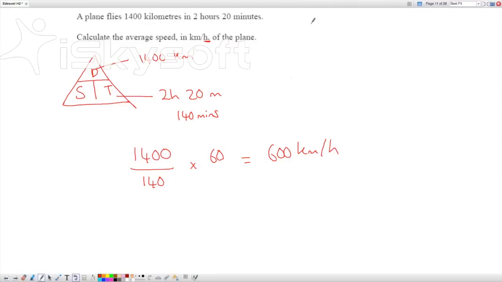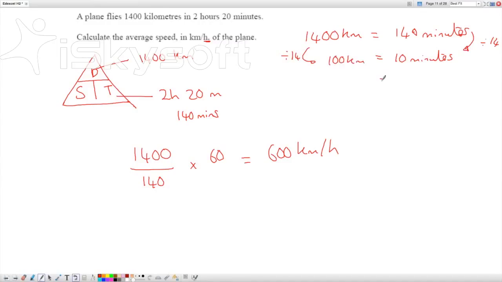You might want to look at it proportionally as well. So we can see here that we can do this amount in 140 minutes. How much can we do in 10 minutes? Okay, and the numbers work out nicely here. We can divide through by 14, and we've got 100 kilometres in 10 minutes.